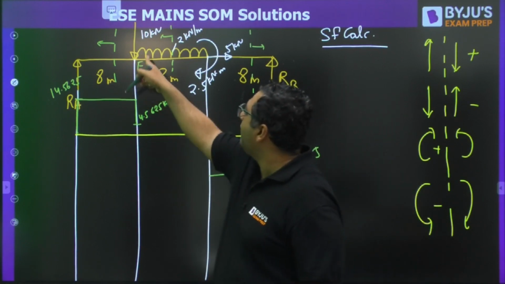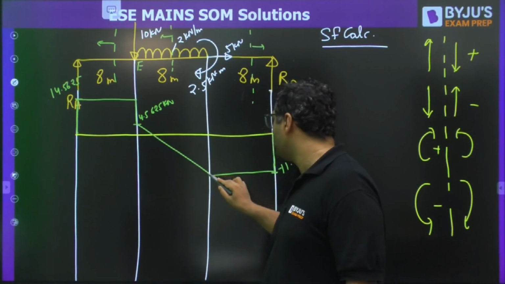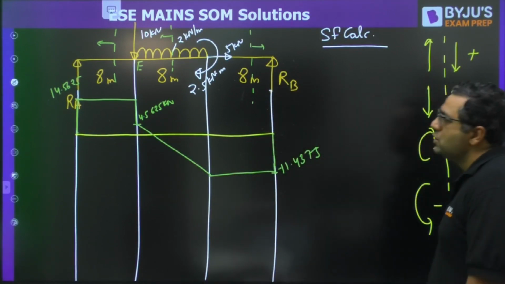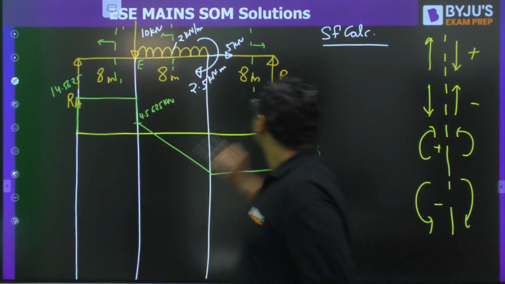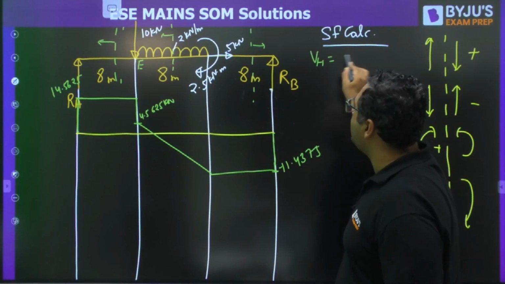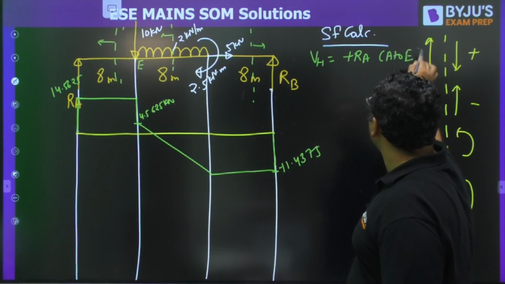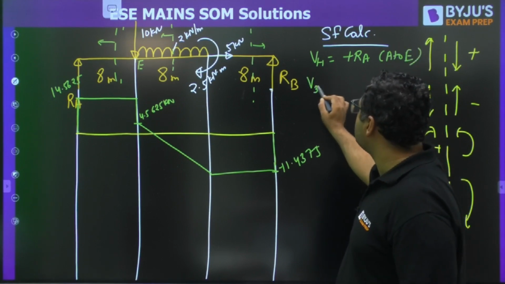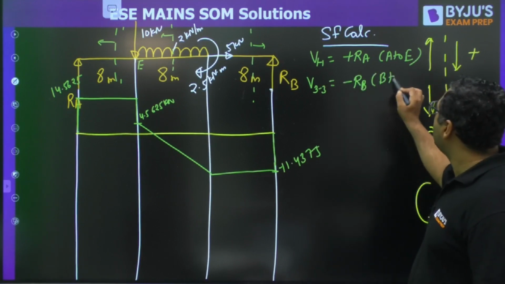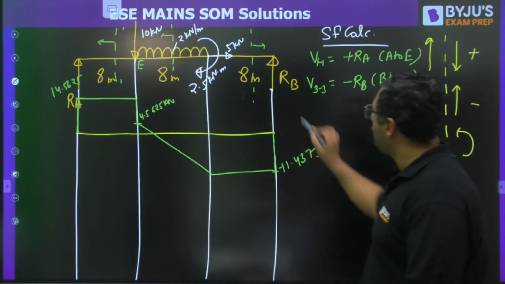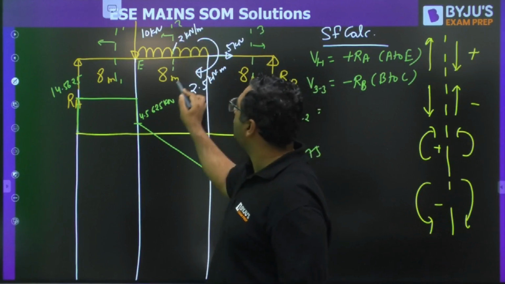And in between you have the UDL. So for the UDL, you would be having an inclined line joining these two. Even if you want to write down the shear force equation, this is section 1-1. Then I can write V11 is equal to plus RA, valid from A to E. Then for 3-3, minus RB, B to C. If you want to write V22, this is 3-3, this is 2-2.